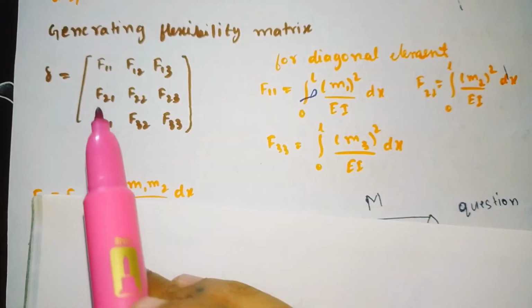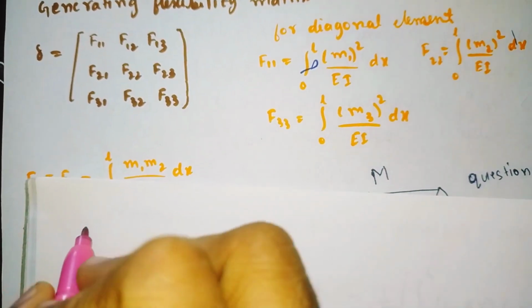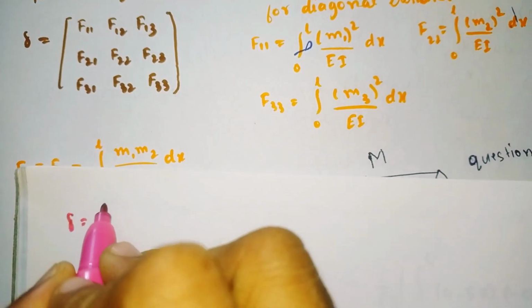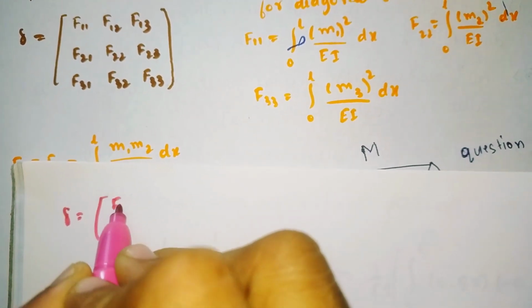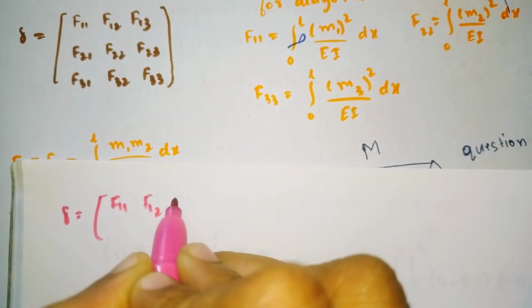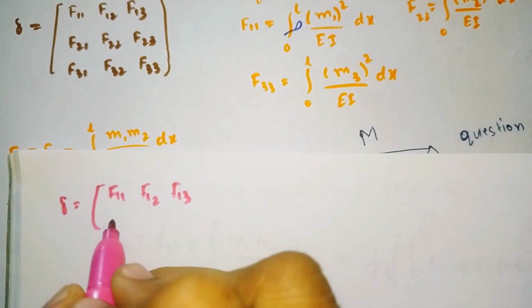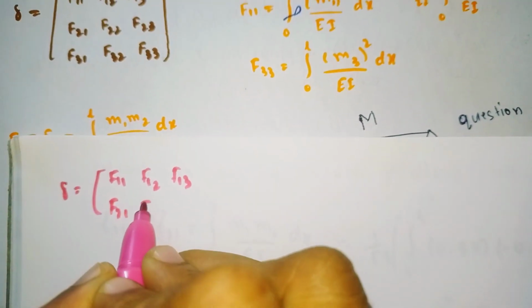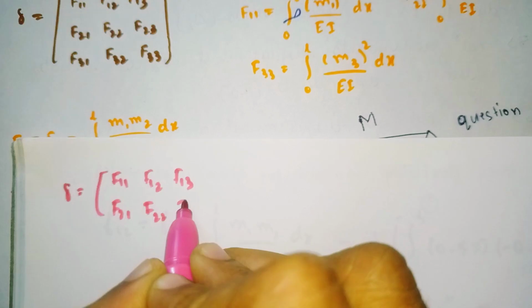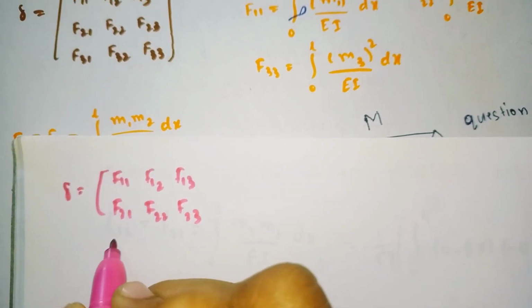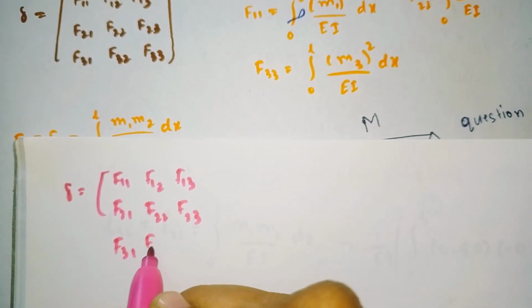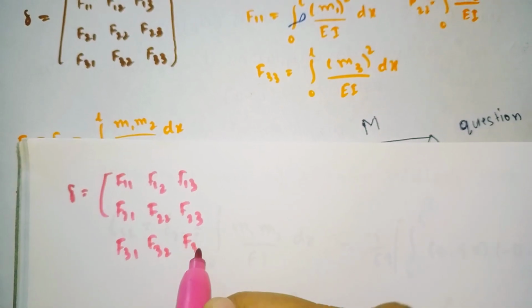Next we will calculate the flexibility matrix. So the given formula is delta equal to F11, and this is a 3 by 3 matrix, so F11, F12, F21, F22, F23, F31, F32, F33.